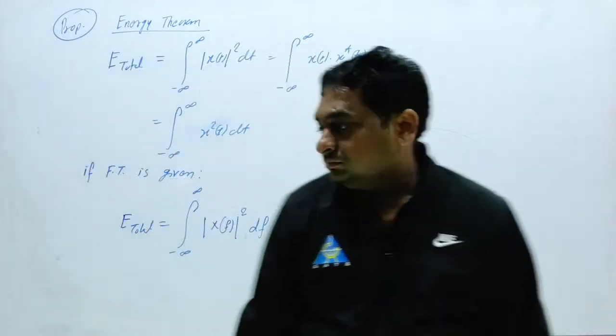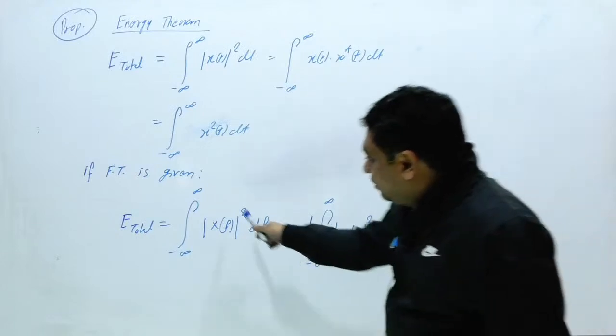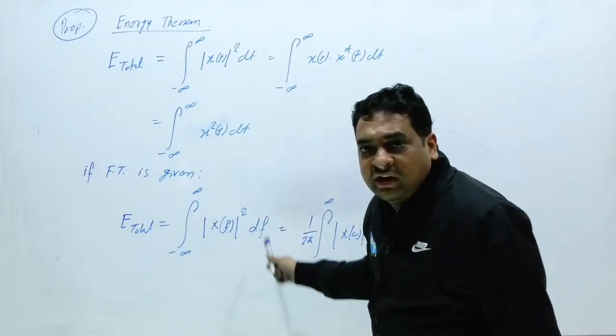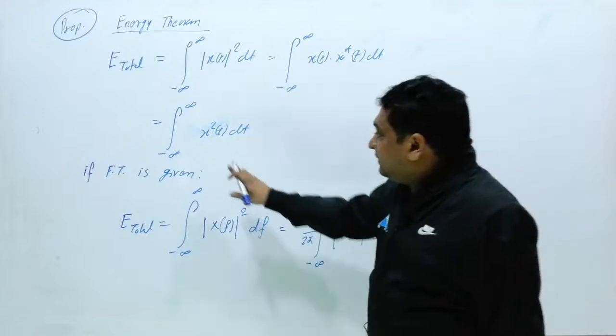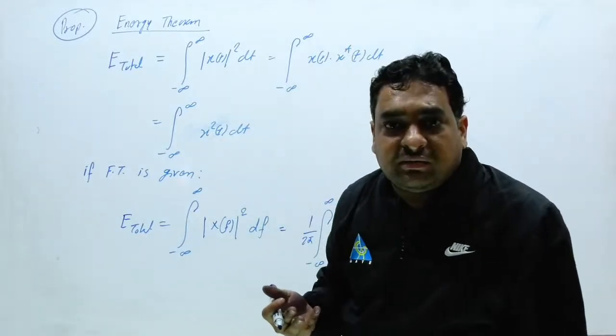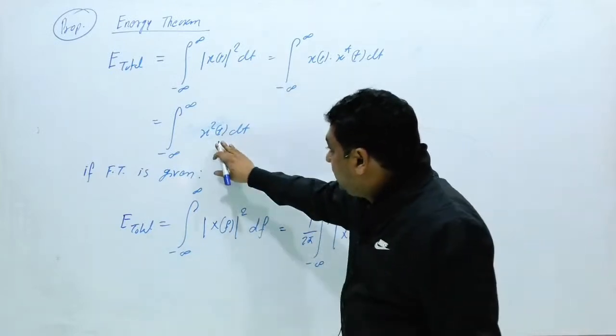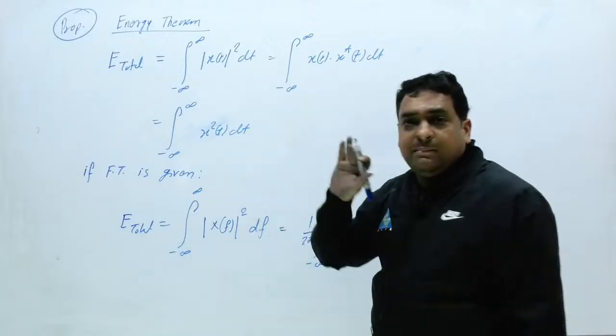Clear? So this is the energy formula. If a time domain signal is given and you cannot easily find the energy, you can find the Fourier transform and then find the energy.